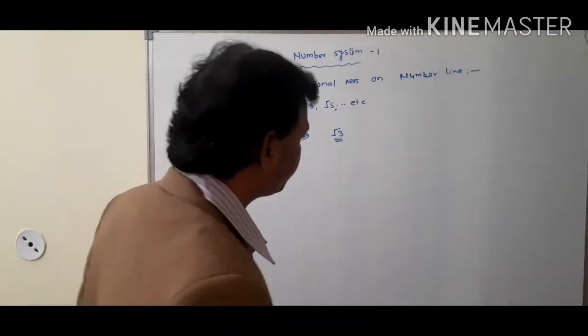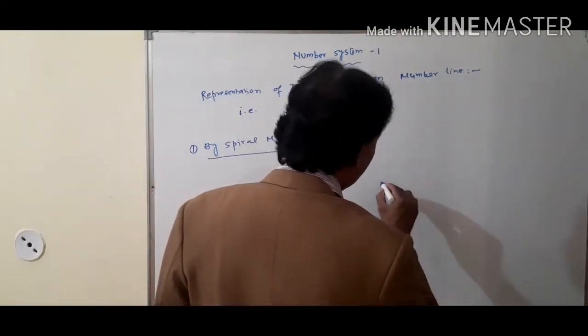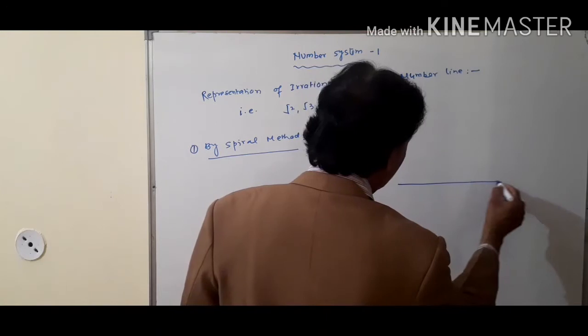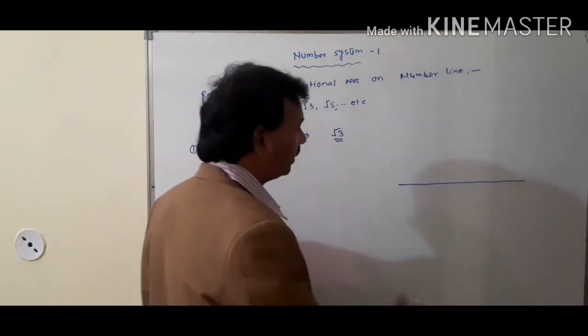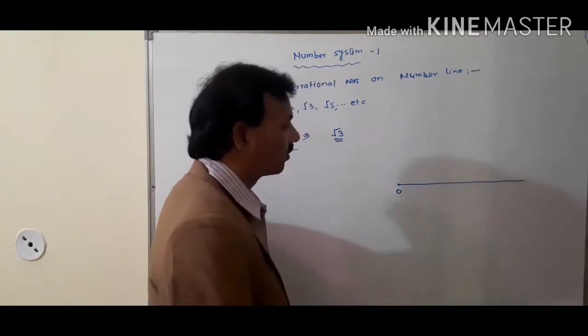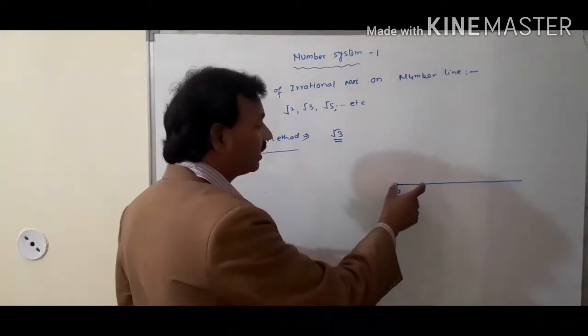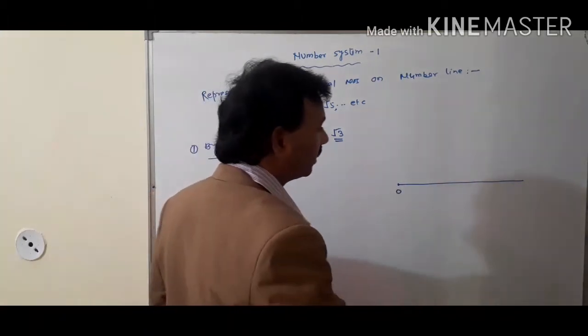For this, first we draw a number line and suppose this is O. Now you should take unit distance on this number line.